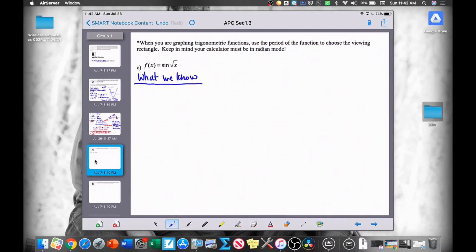Whether it's useful information or not, what we know is that we have a trig function. So we want to make sure that we're working in radian mode. We know that the period of sine x is 2 pi. But the question is, does this function repeat every 2 pi?